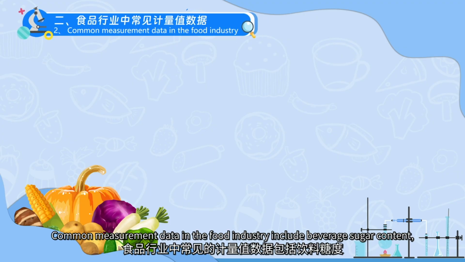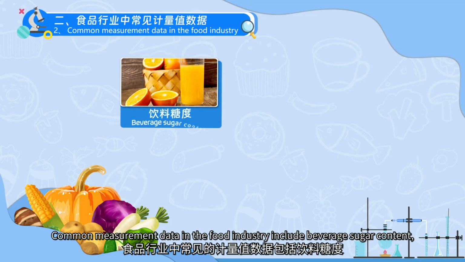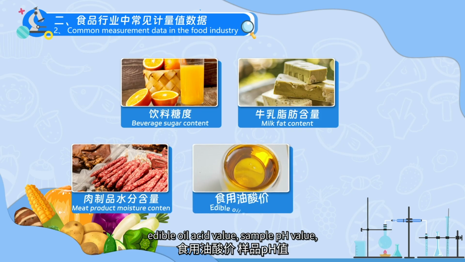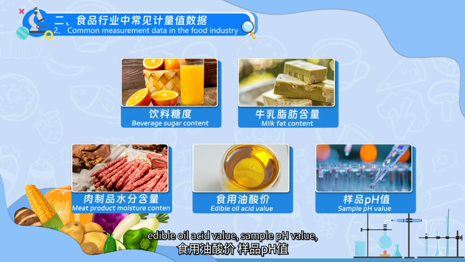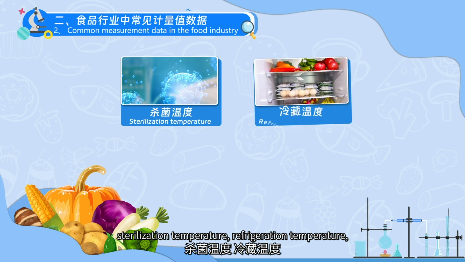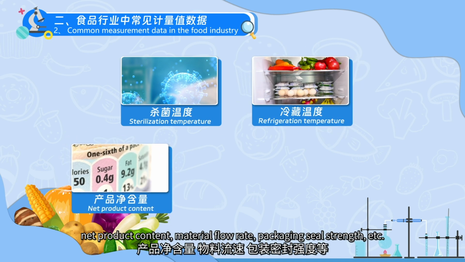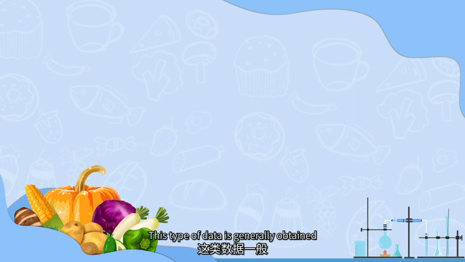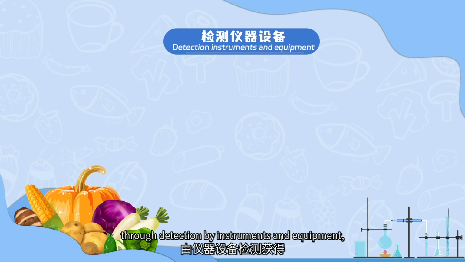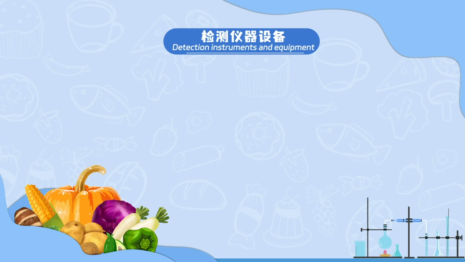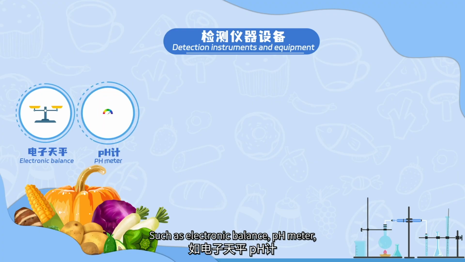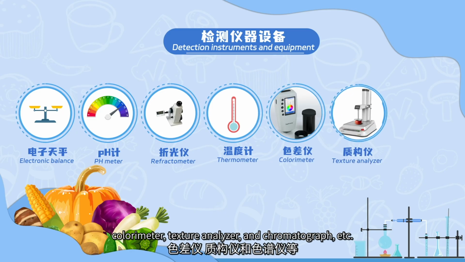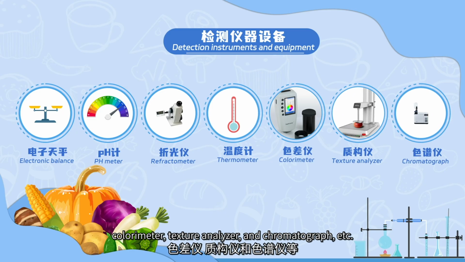Common measurement data in the food industry include beverage sugar content, milk fat content, meat product moisture content, edible oil acid value, sample pH value, sterilization temperature, refrigeration temperature, net product content, material flow rate, packaging seal strength, etc. This type of data is generally obtained through detection by instruments and equipment, such as electronic balance, pH meter, refractometer, thermometer, colorimeter, texture analyzer, and chromatograph, etc.